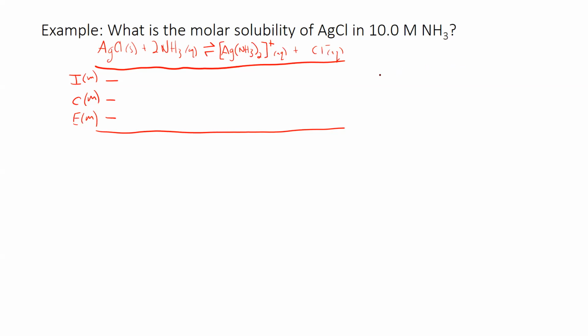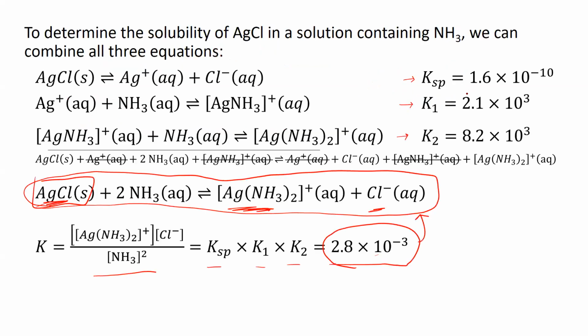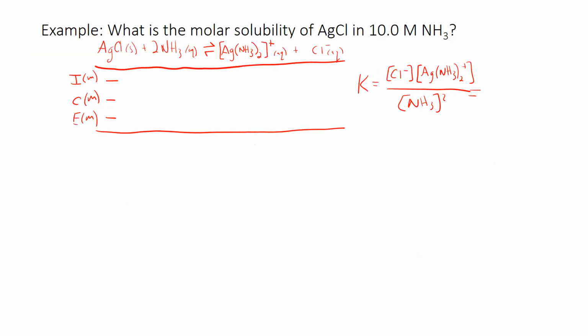We know that our equilibrium constant expression, K, will equal the concentration of chloride times the concentration of the silver ammonia complex, divided by the concentration of ammonia squared. And we get K from the previous page, the combined equilibrium constant, 2.8 times 10 to the minus 3.